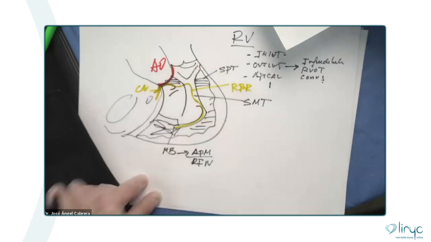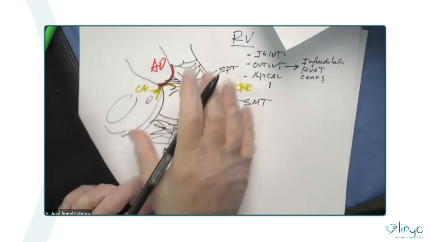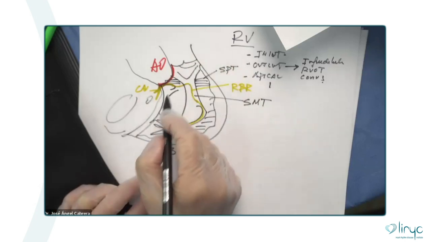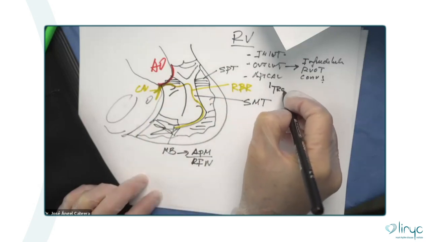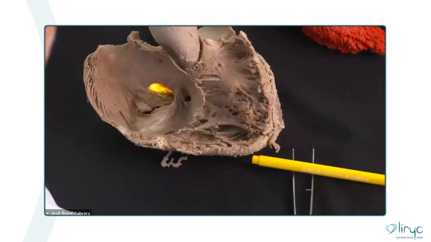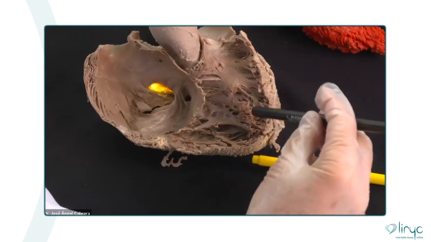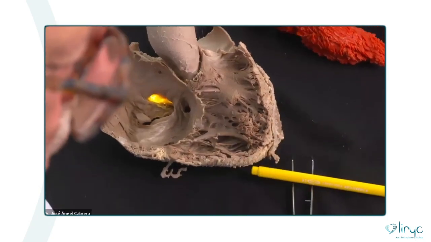Again, components of the right ventricle, three components: inlet, outlet, apical component. Apical component trabeculated, as you have seen in this specimen. Look, all the trabeculation of the apical component.